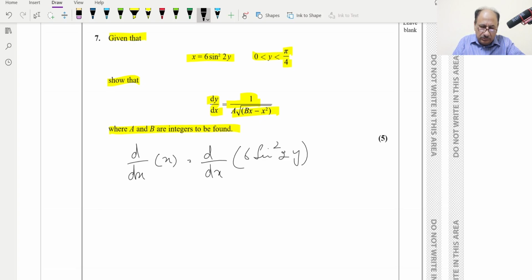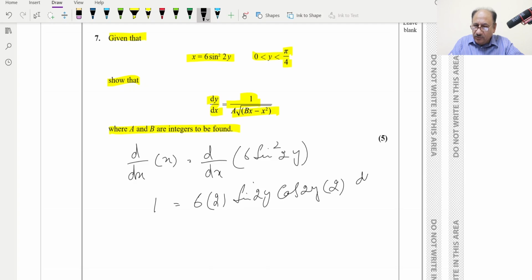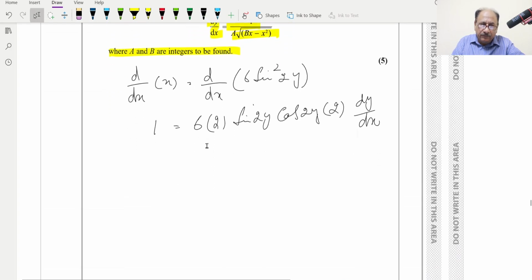This side will have derivative 1, and for this side it will be 6, and sine square 2y will have derivative of 2 we will write first, then sine 2y, and the derivative of sine 2y will be cos 2y, and the derivative of 2y will be 2, and then the derivative of y, dy over dx, this is the derivative which we have taken.